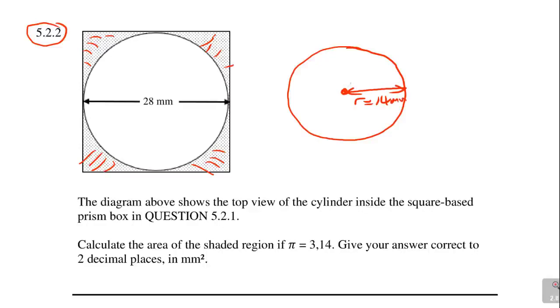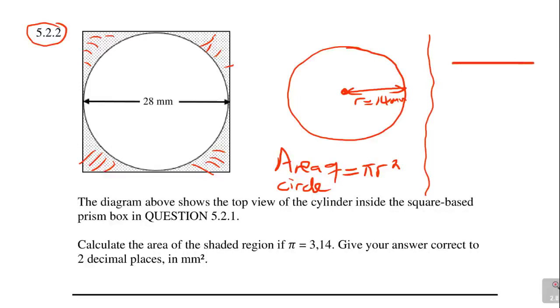That's the first part. Alright, now to find the area of circle, you see, they're tricking you. What's the area of the circle? It's pi r squared. That's where they are hitting you. Secondly, we need the area of this square here.